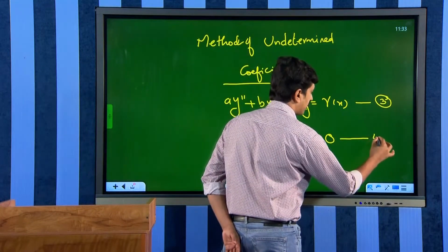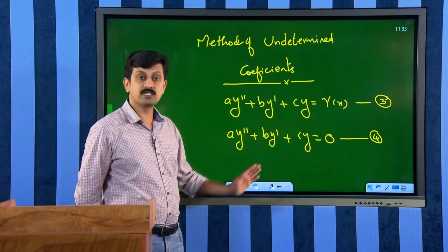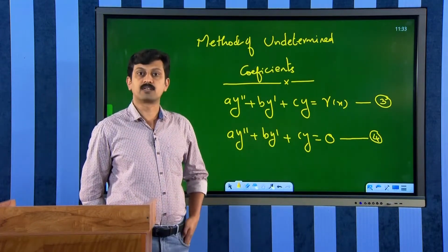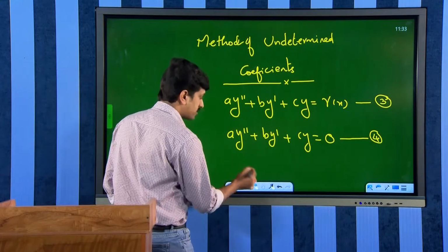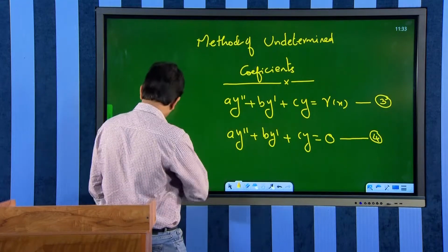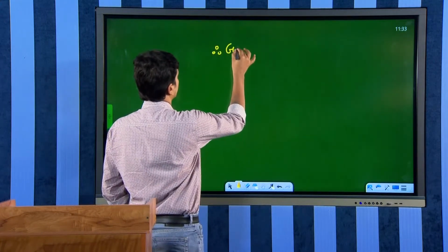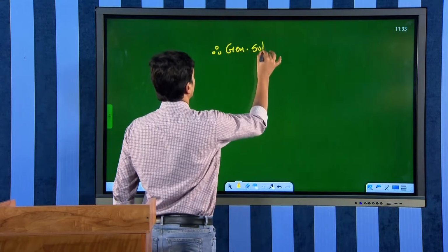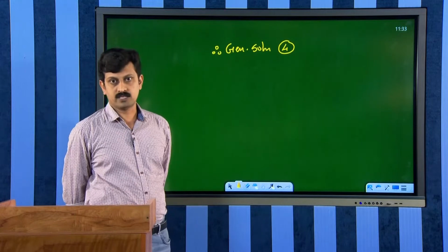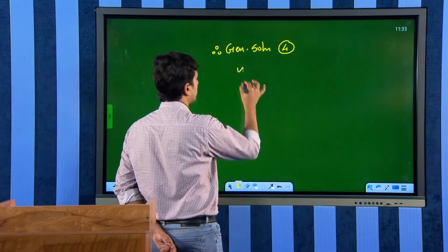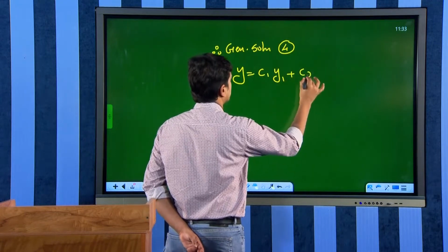Therefore, the general solution of the homogeneous equation number 4 is y is equal to C1 y1 plus C2 y2.